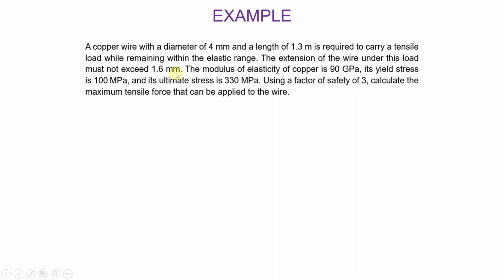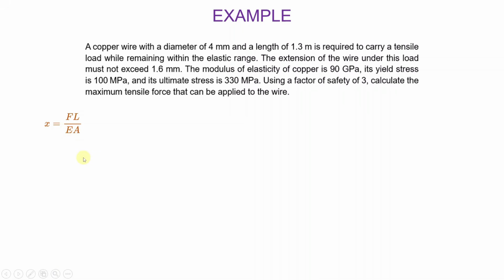So let's begin with the first limiting condition, which is that the extension of the wire must not exceed 1.6 millimeters. We know the equation for extension or elongation is x equals FL over EA.